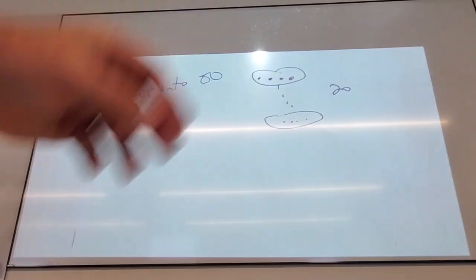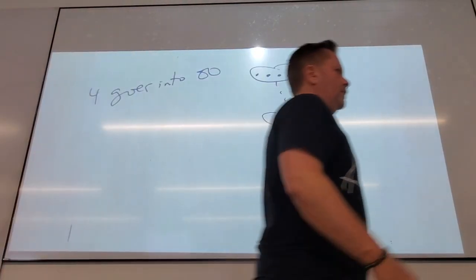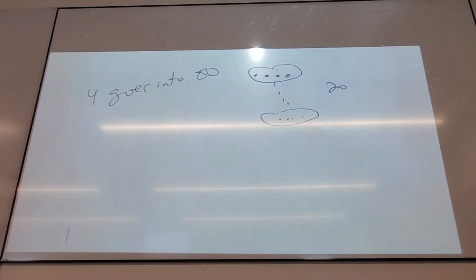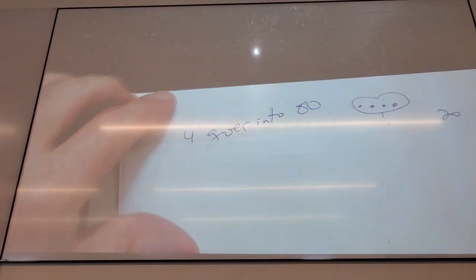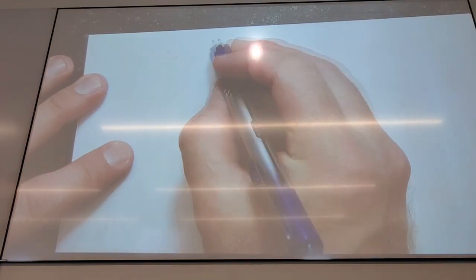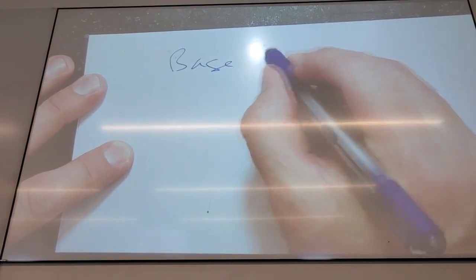Okay. So that multiplication table. I'm going to do an example like it, because I don't want to do that problem for you. So what if I had base 3?